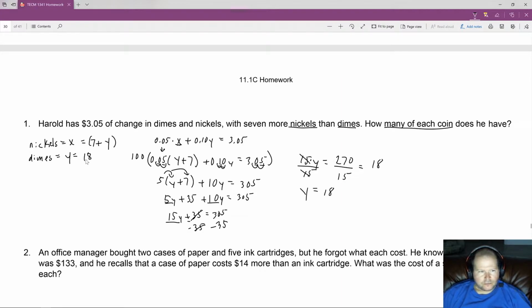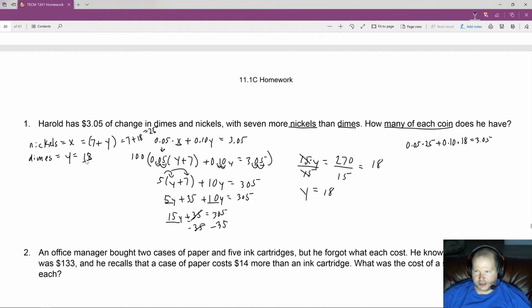So we're not done, though, because we don't just want to know the number of dimes. We also want to know the number of nickels. So 7 more than 18 would give me 25. And we can double check our work. So we could say, well, 0.05 times the number of nickels, which is 25, plus 0.10 times the number of dimes, which is 18, gives us $3.05.